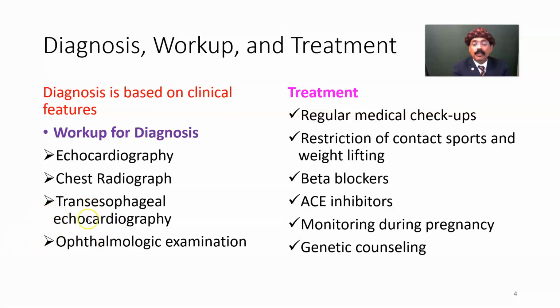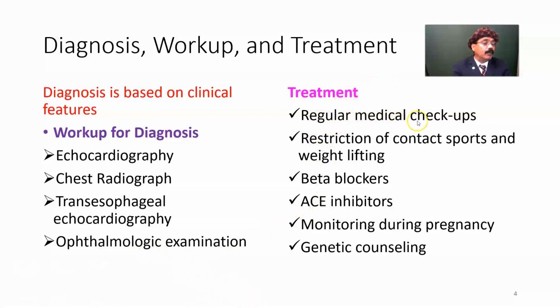Ophthalmic examination is a must, so every year, once or twice, the person should go to the ophthalmologist, or maybe an optometrist. Mostly it is preferred to go to the ophthalmologist to assess the location of the lens and any other abnormality in the eye. Okay, so that is very important.